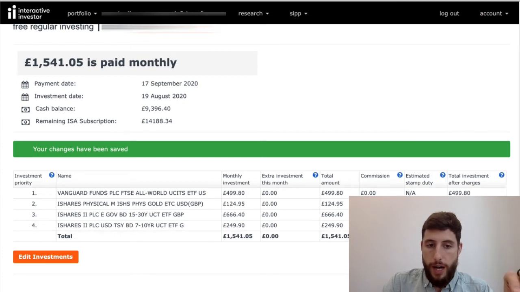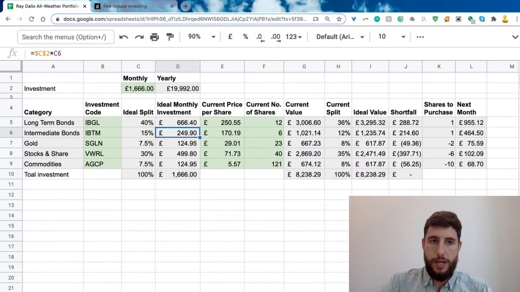Another reason why you might have this is that the cost of a share might be so high that each month the amount you want to put in might be way lower than how much you can do. So what you can do is take it off the regular investing, and every now and again when you get enough money in the account to be able to buy one of those shares, you can do it manually.